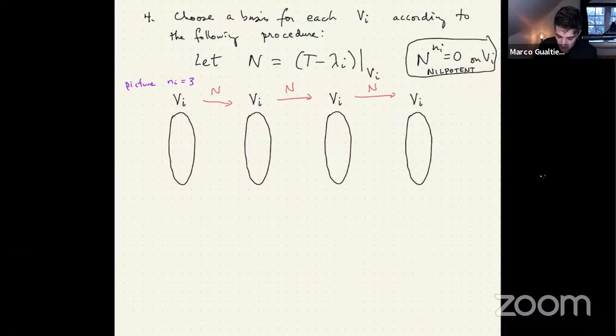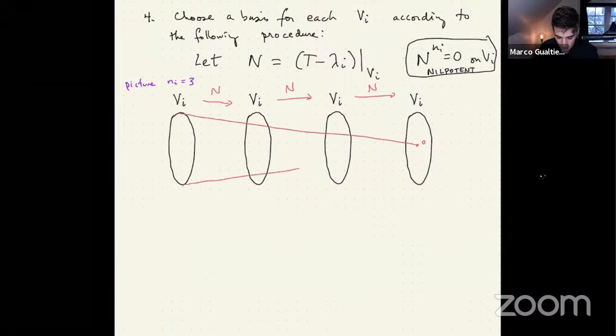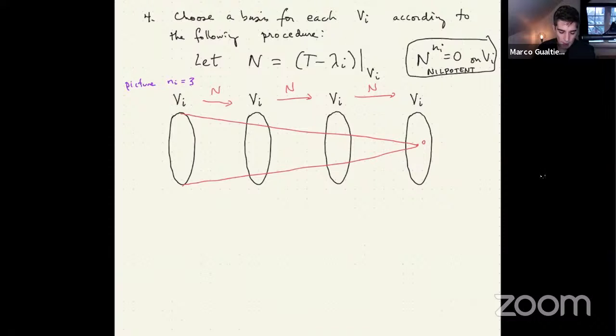Okay, and if this is 0, then what I get is a picture that looks like this. On the first step, all of VI is mapped to some subspace of VI.